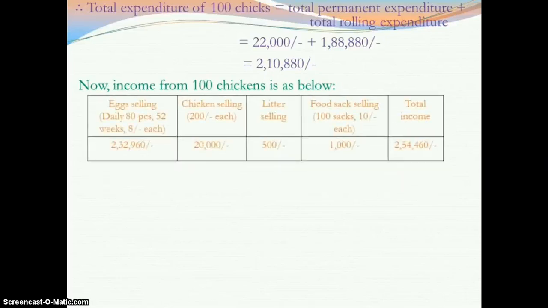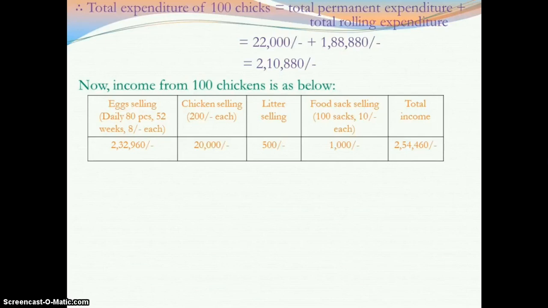We have already said that from egg selling we can have earning, and if we have 80 pieces of eggs daily from 100 chickens, on average we are counting that 80 chickens will lay eggs. So daily we have 80 pieces of eggs, and it will continue up to 52 weeks, because after 6 months the chickens will start laying eggs.